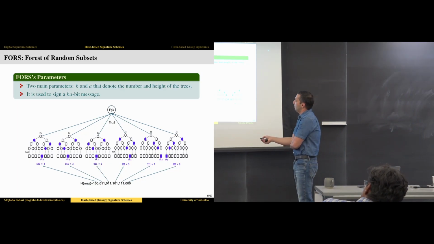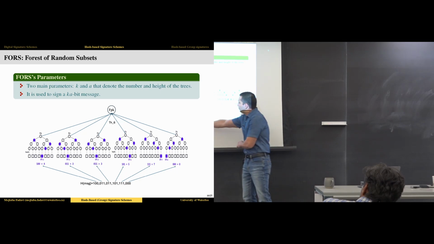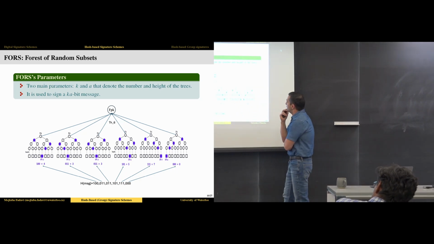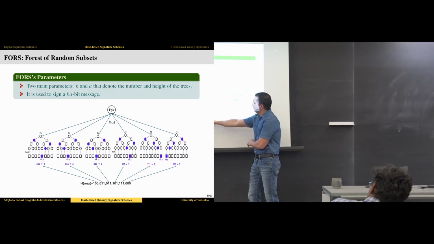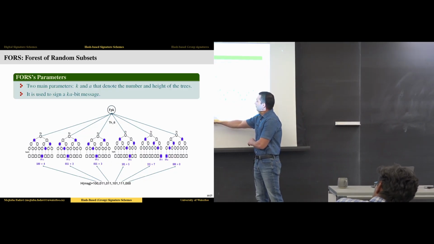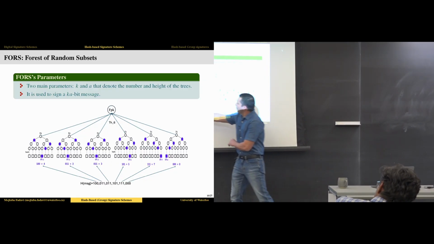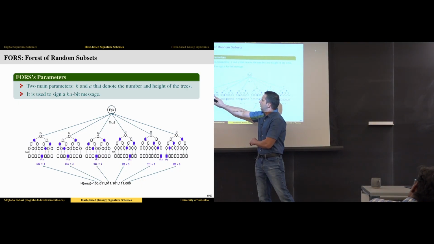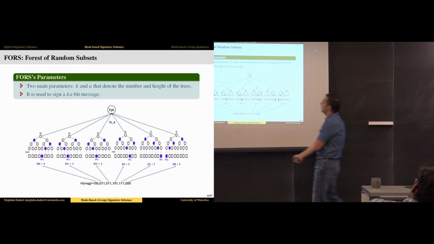To sign a message, this is a toy example, and it's not secure. But to sign a message, you use a hash function with the output of Ka bits and chunk it into K parts. For each part, you publish the corresponding secret key of this Merkle tree with its authentication path.